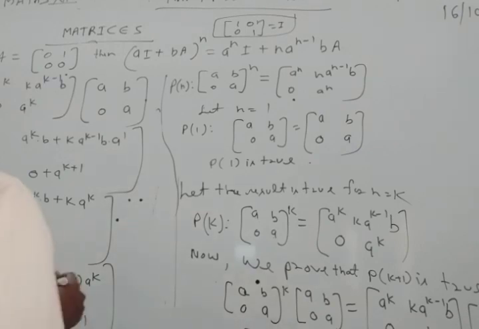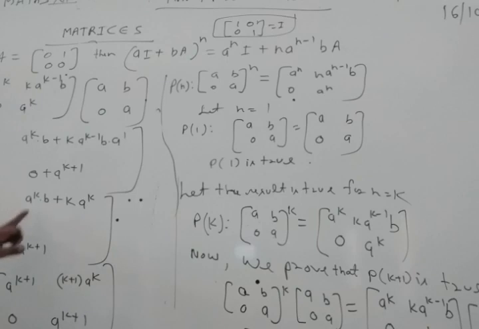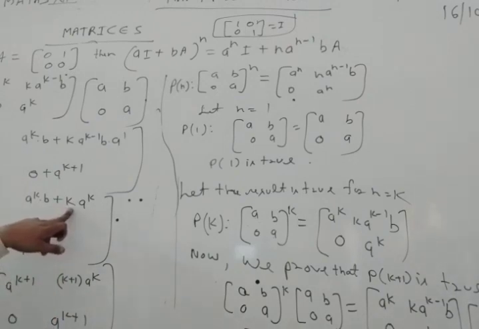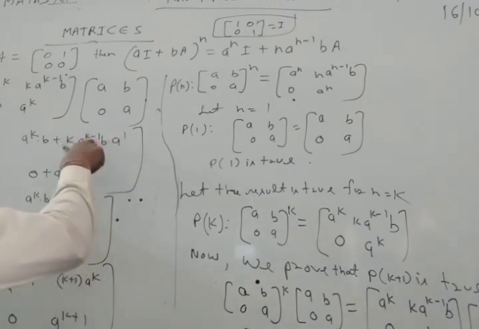Now here A to the power k into B plus k A to the power k minus 1.